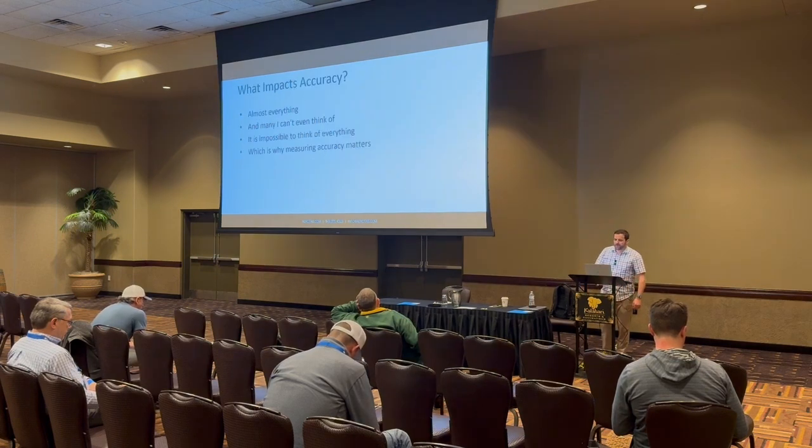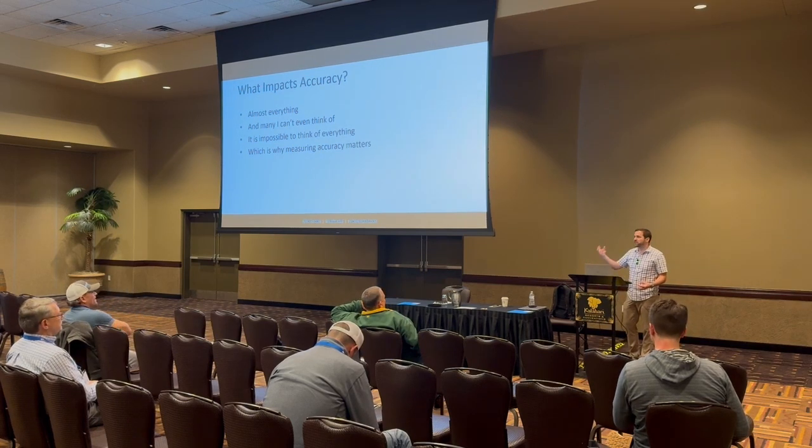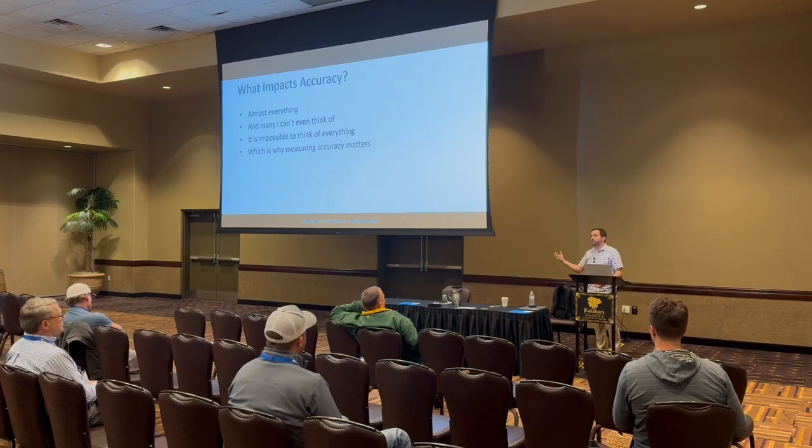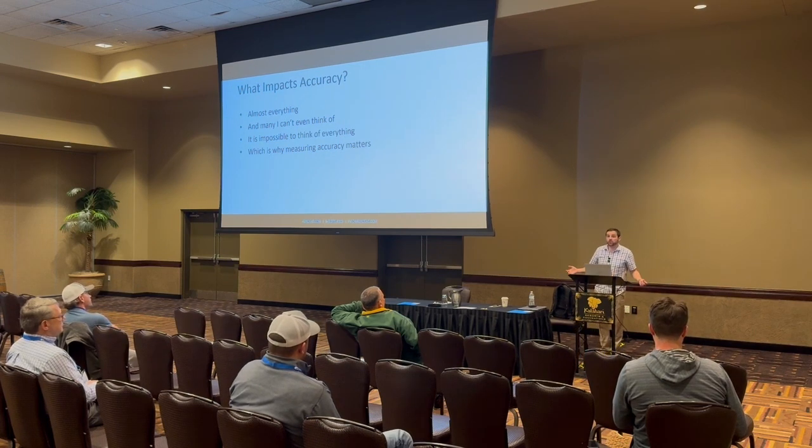But I mean, to answer it, what impacts accuracy? It's almost everything. Like, you could have, while the drone is flying, a particularly fat, juicy bug hit one of the propellers, get bug guts stuck on the propellers, and introduce an unknown vibration that confuses the IMU and causes bad accuracy, right? That is totally possible.